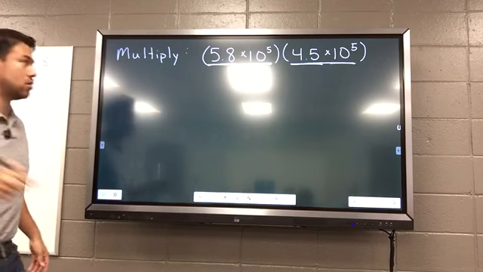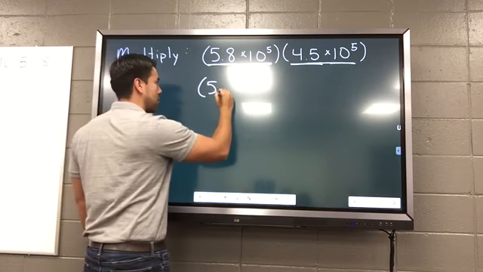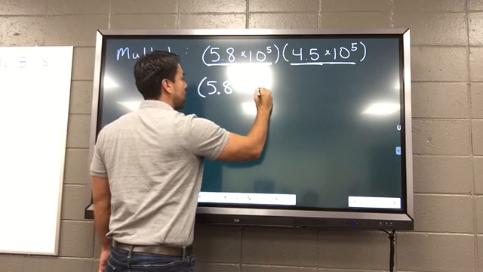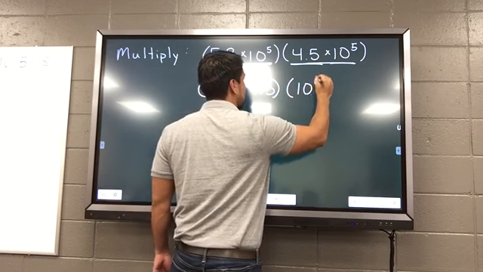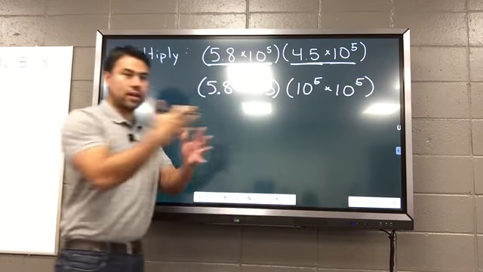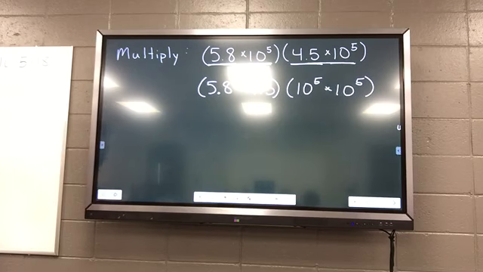I'm going to group together 5.8 and 4.5, and then group together 10 to the 5th times 10 to the 5th. I used the commutative property to rearrange, and grouping them differently is the associative property.